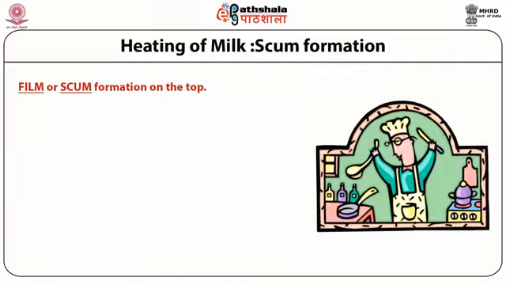What is the first activity when milk comes to your home? Of course, all of you will answer that we boil it first. Boiling of milk, besides preserving it for a time enough, causes three changes in it.